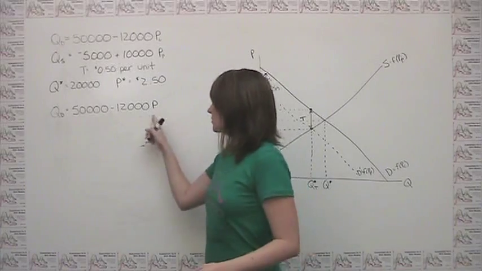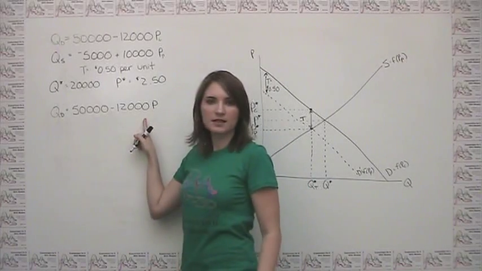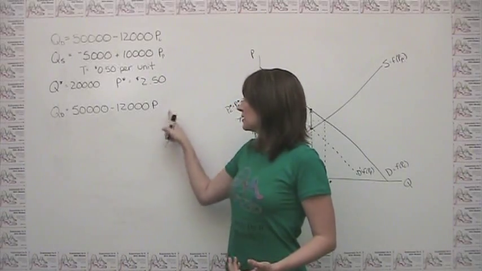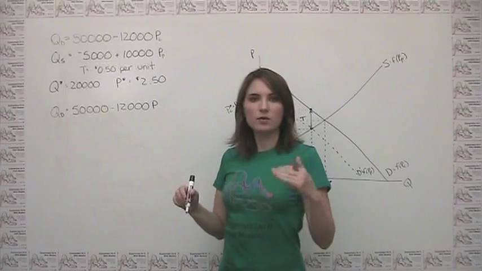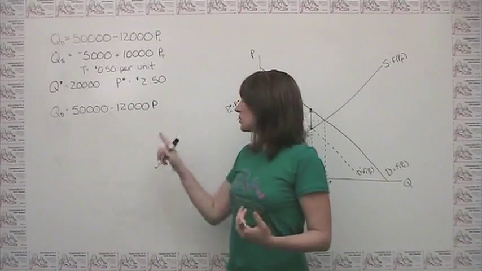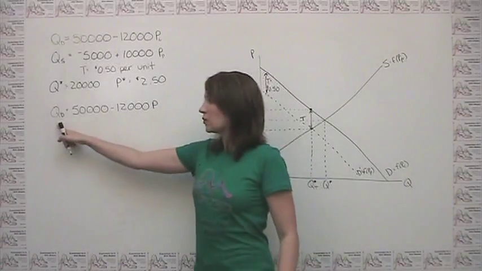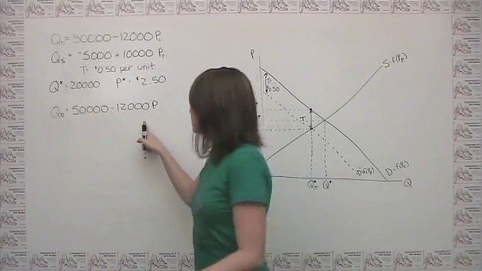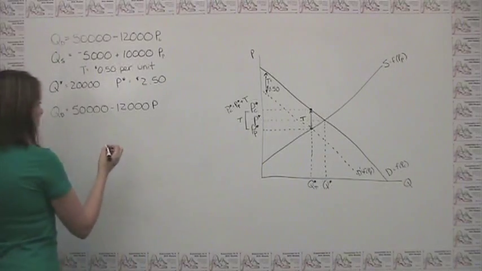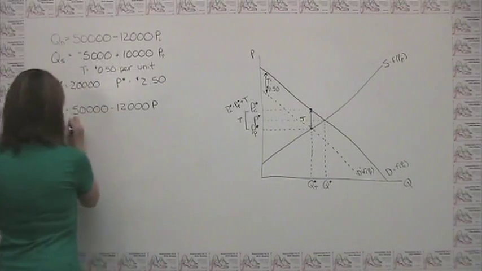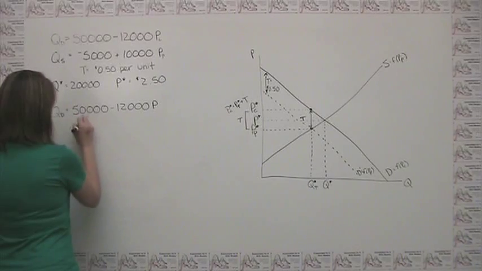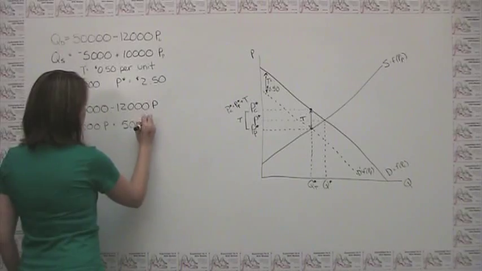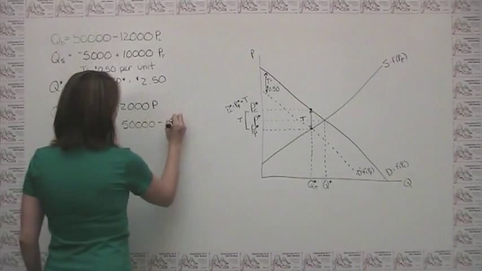While it is true that we can't just subtract 50 cents from the quantity, we can in fact think about taking this price variable and moving it down. So in order to do that, we need to solve for price in our demand curve. Luckily, this is pretty simple. Just rearranging a little bit, we get 12,000 P is equal to 50,000 minus quantity demanded.